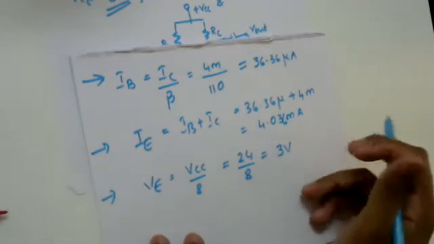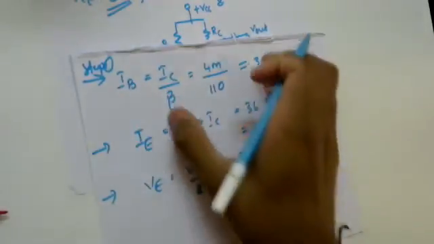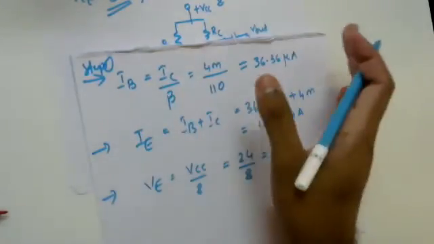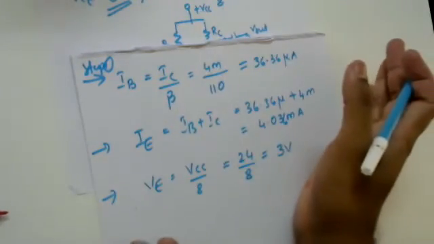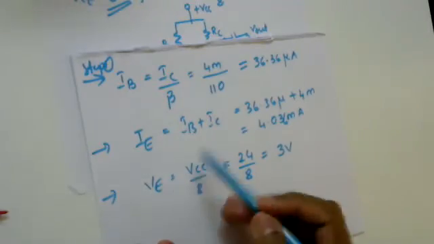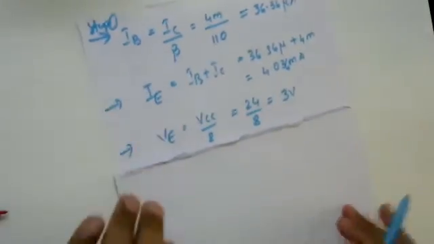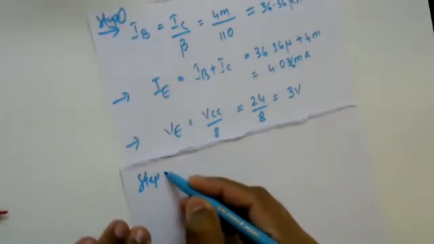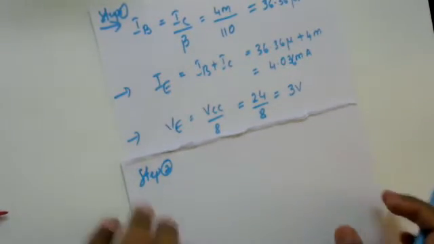Okay, good. Now, so this was my step 1. My step 1 was to calculate the required terms so that I can use my KVL on input and output, and I can compute the remaining parameters. Now, let me say that I'm going to start up with my step 2, wherein I'm going to compute the parameters of the circuit.